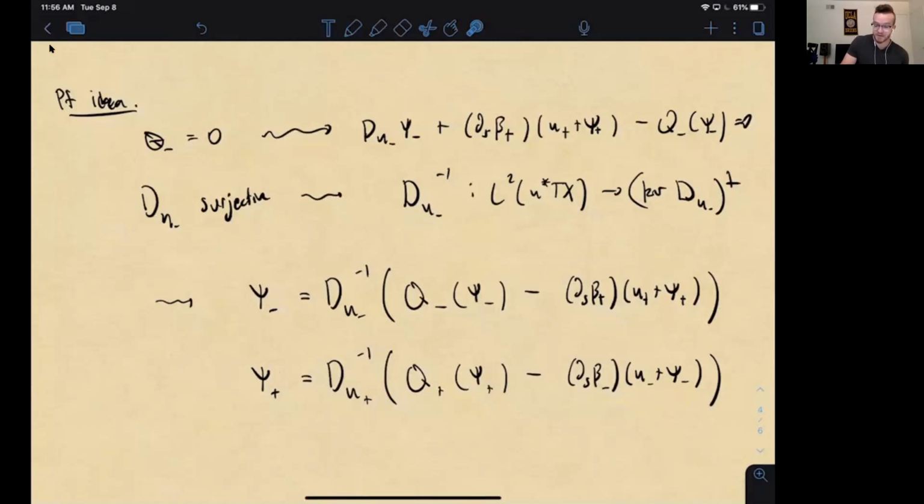One of the things I required about these cutoff functions was that their derivatives were on the order of 1/r. So if I pick R larger than the operator norms of these inverse operators, then I can ensure that this tuple of right-hand side operators is a contraction.